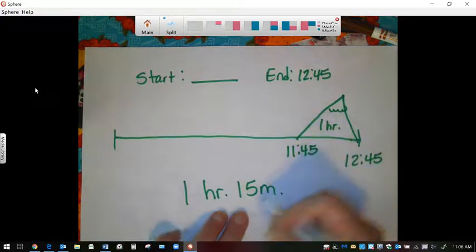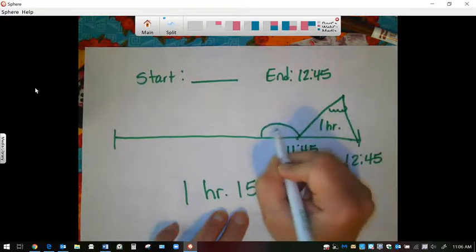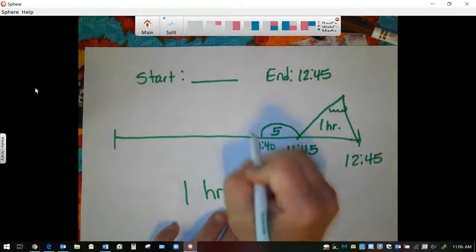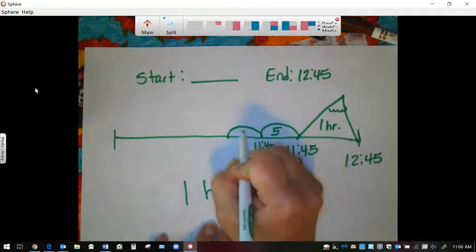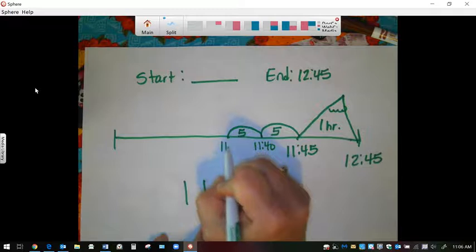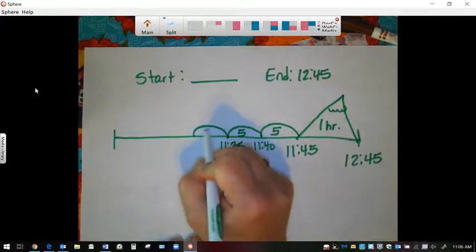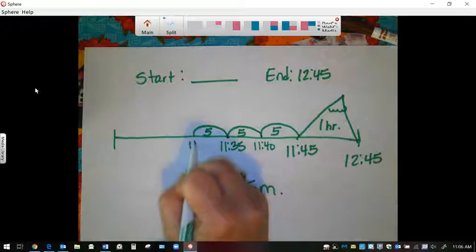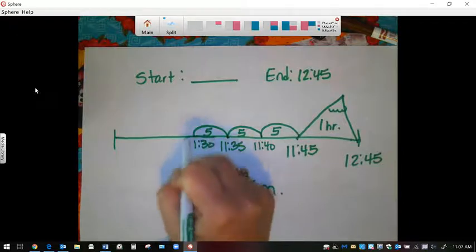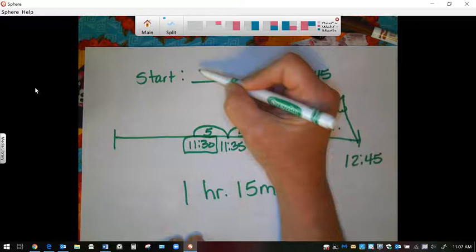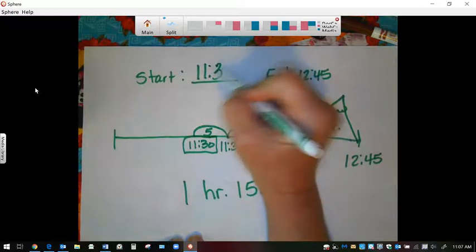And then we've got 15 minutes. 5, which now makes it 11:40. 10, which makes it 11:35. And 15, which makes it 11:30. So the start time for her dance class is 11:30.